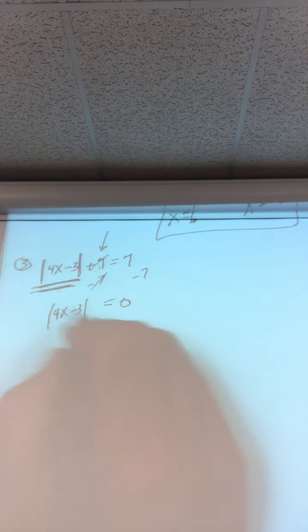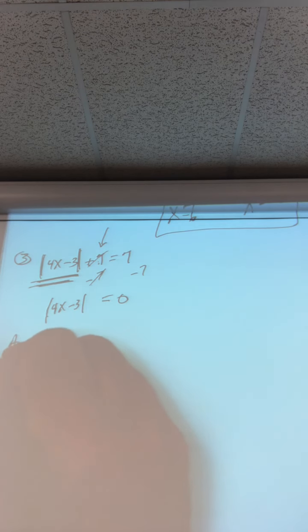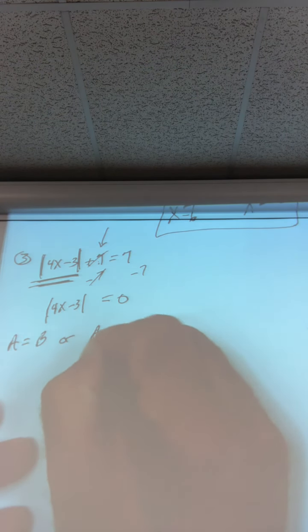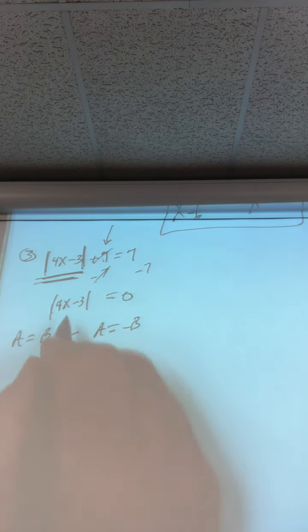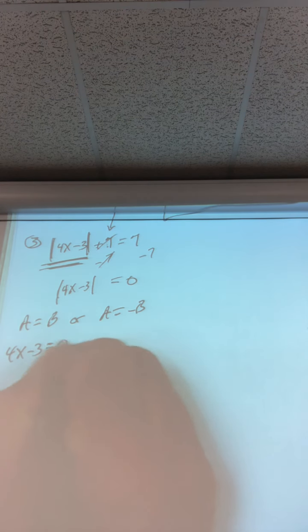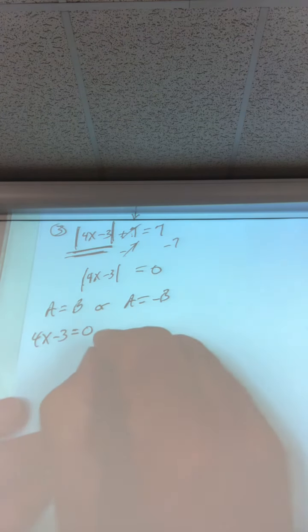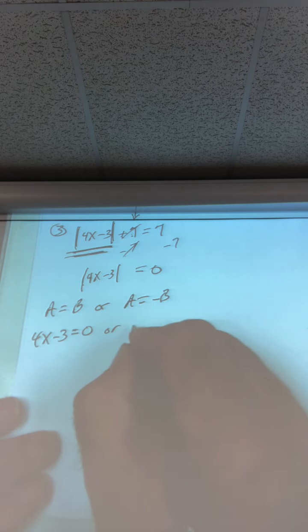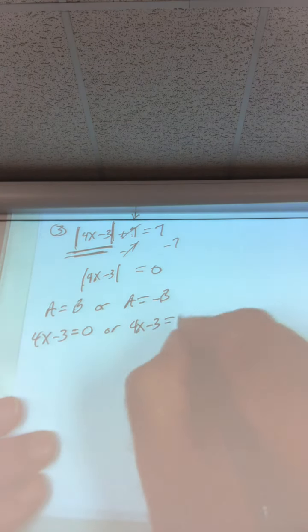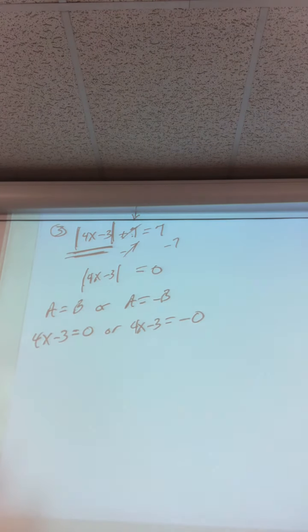Step 3: identify A and B. So this would be A equals B or A equals negative B. A is what's inside the absolute value symbols, which is 4x minus 3 equals 0, or 4x minus 3 equals negative 0.